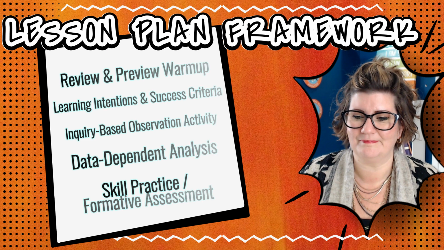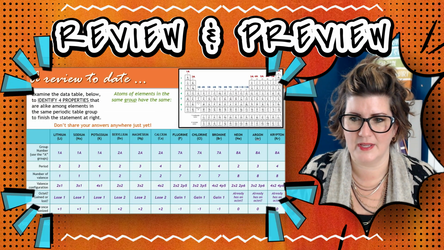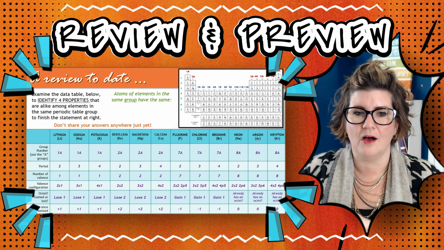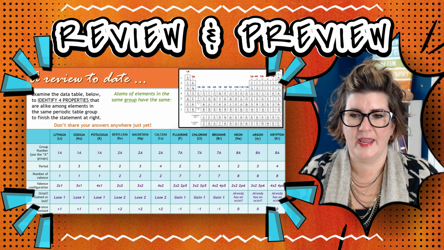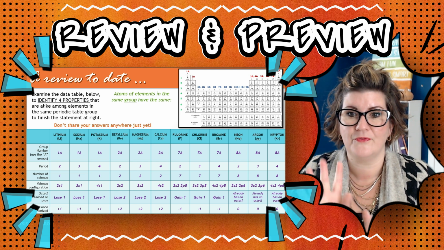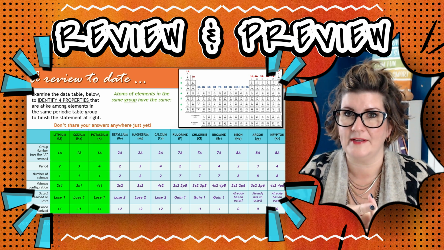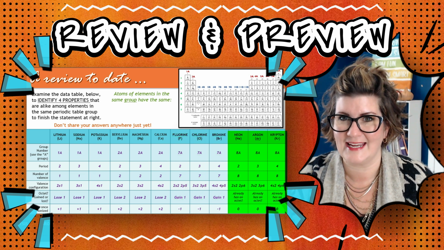So let's dive in. My periodic law lesson begins with the review and preview, in which students will collect all this information. So I give them a periodic table, and I assign them 3 elements from each of 4 groups: groups 1 and 2, that is 1A and 2A, and also 7A and 8A.